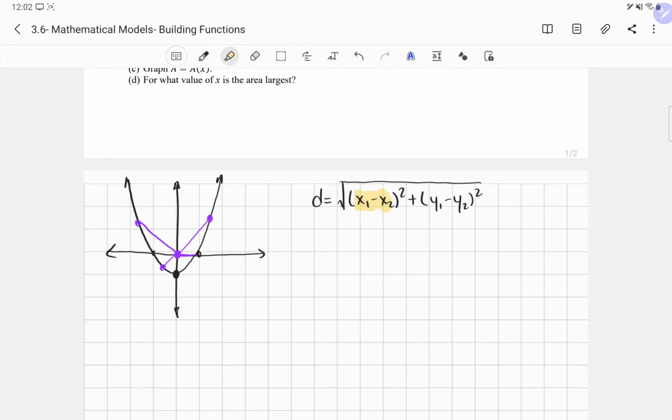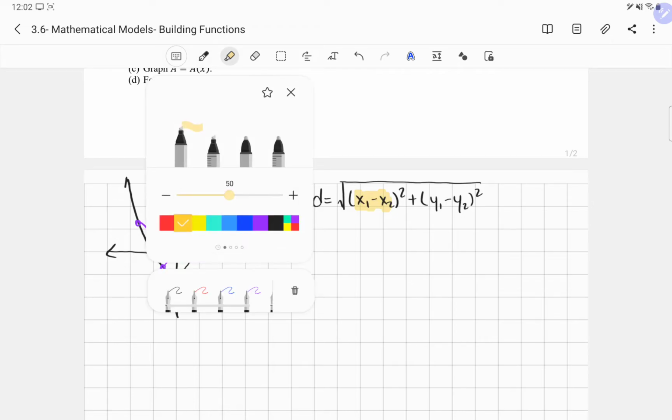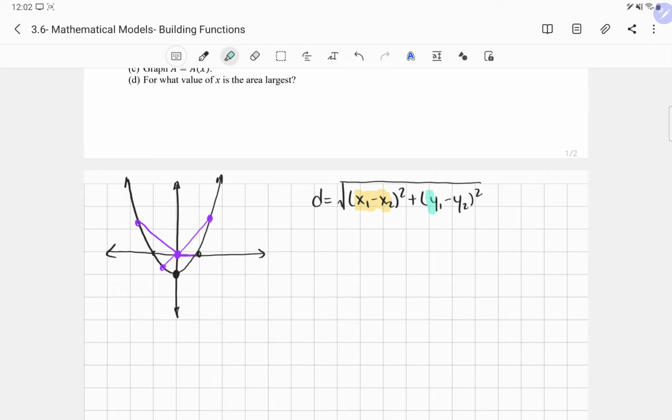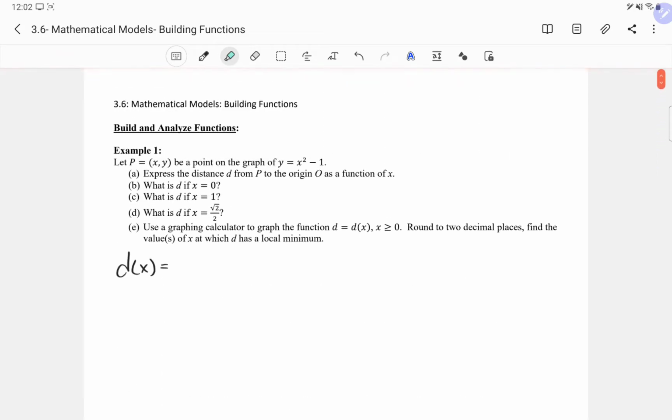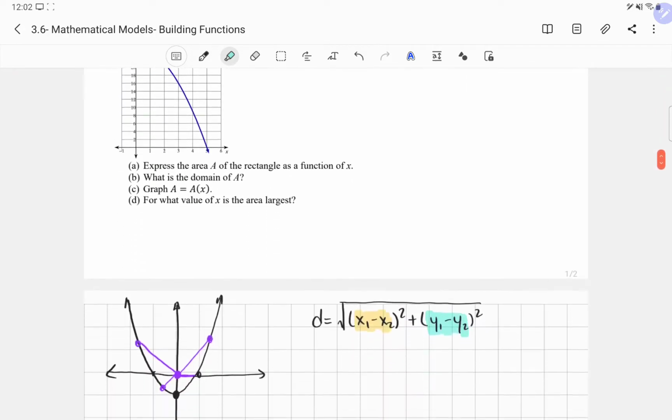In this case, it needs to include the x variable. So we need to figure out some way of getting rid of those y's. One way that we can do this is by noticing that up here we know what our y is equal to. Our y is equal to x squared minus 1. So we can actually replace our y's with x values.